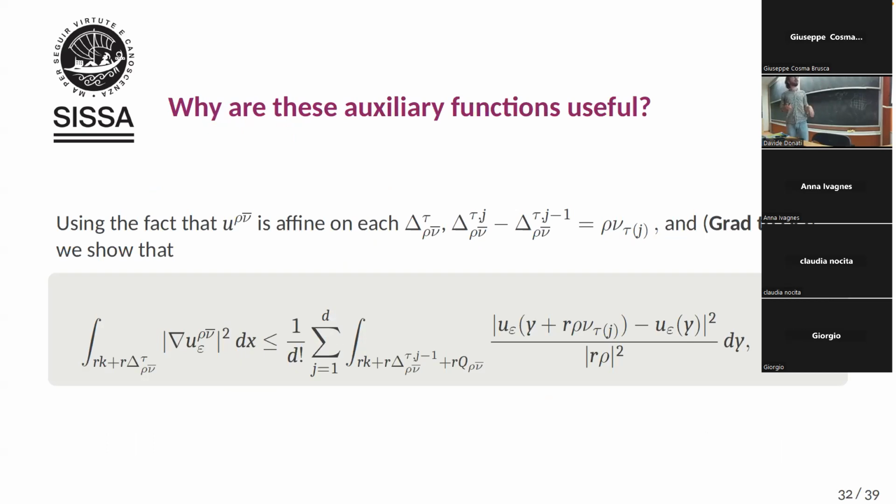Why are they useful? Because, using that equality that I wrote before that transforms gradients into difference quotients, then with some computations, using Jensen's inequality and so on, one is able to prove this inequality that relates difference quotients with the gradients. Here we are integrating on a simplex, here integrating on a cube, then summing up together, everything cancels out nicely.